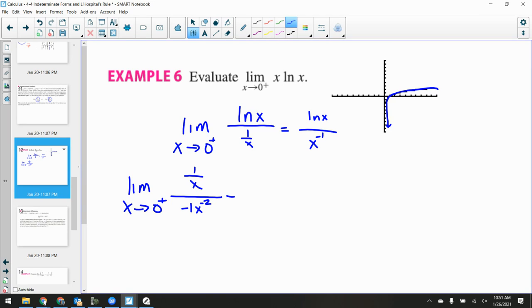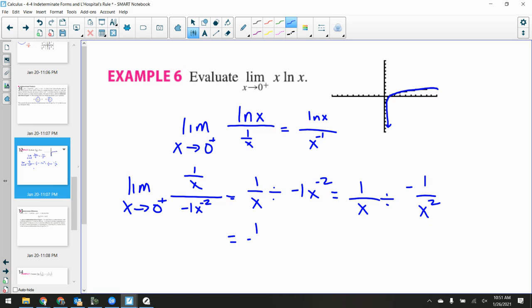Well, that's like saying 1 over x divided by negative 1 times x to the negative second, right? Which is another way to say 1 over x divided by negative 1 over x to the positive second. You follow me there? All I do is turn that negative exponent into a positive exponent by putting it into the denominator.